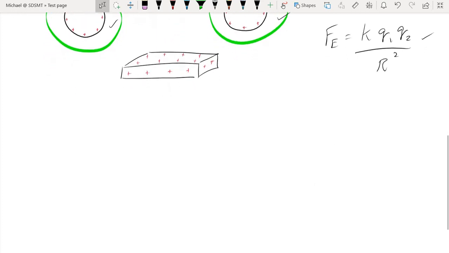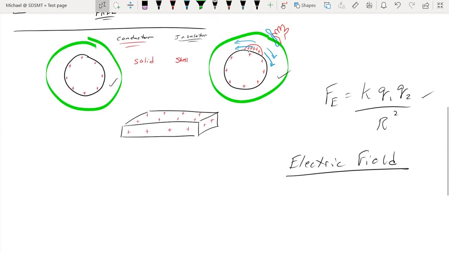And that's actually going to begin in chapter 22. We're going to bring up the idea of electric field. And we're going to start deriving expressions for the electric fields that are produced by different distributions of charge.